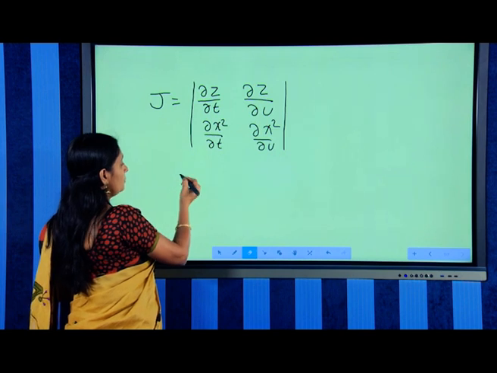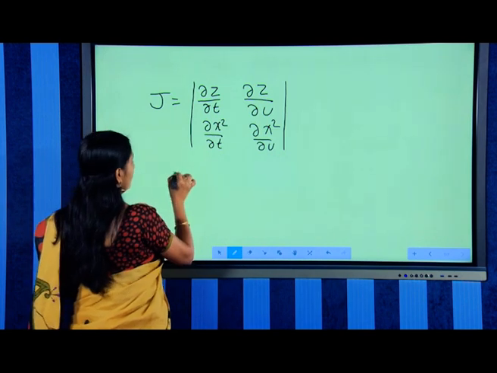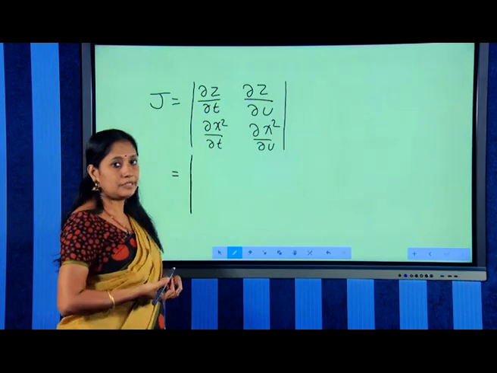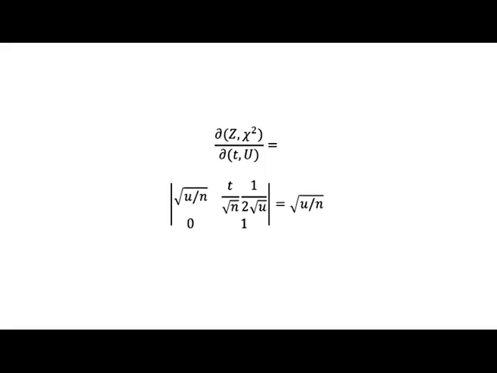This is equal to the determinant of root of u by n, 1 by root n into 1 by 2 root u, 0, 1, since the partial derivative of chi-square with respect to t is 0 and with respect to u is 1, and this determinant is equal to root of u by n.